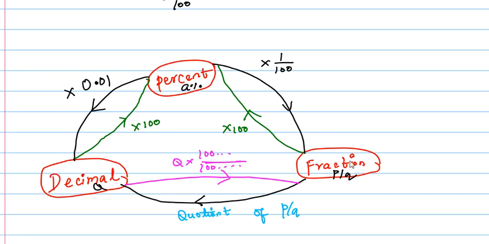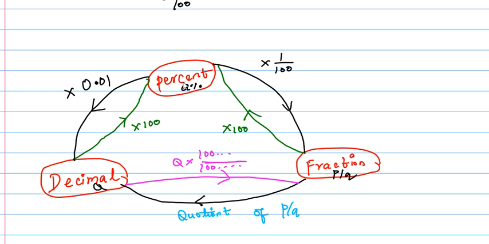Here I have related percent, fraction and decimal. So how to convert? Now I am going to explain how to find the equal value of a percentage in terms of a fraction or a decimal.